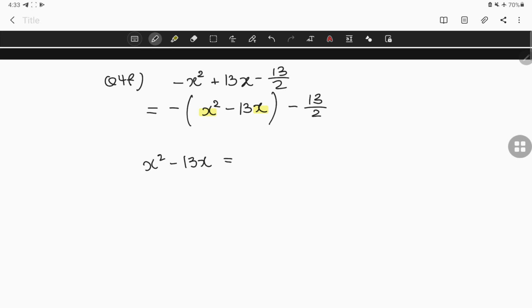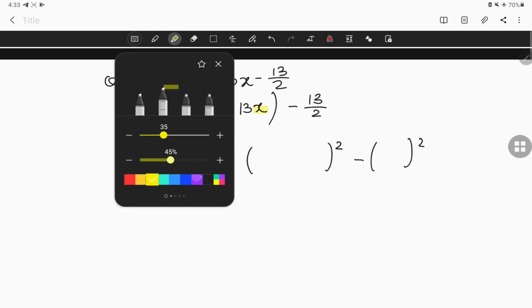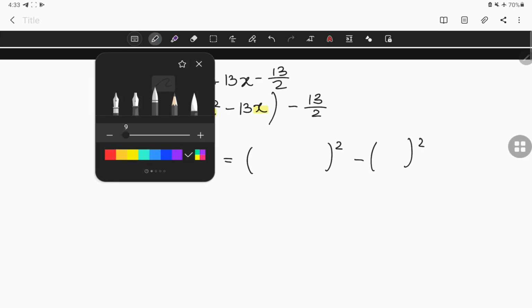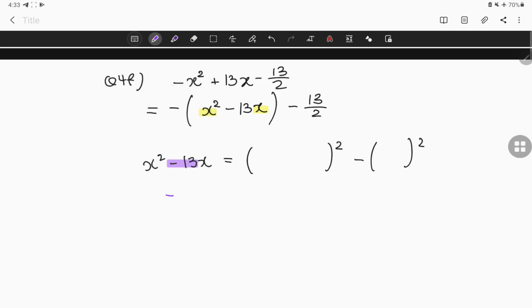So same thing, since we are trying to complete the square, we have something squared minus another thing squared. So first, we will take a look at what is the coefficient of x. So the coefficient of x in here is equal to negative 13. Negative 13 divided by 2, that will be negative 13 over 2.